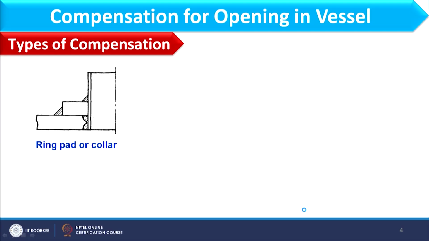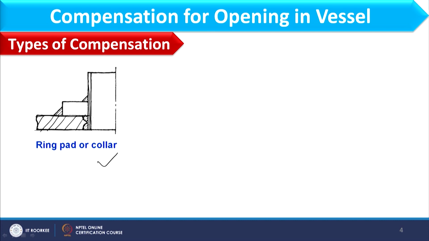Now, further we will discuss types of compensation. So, the first type is ring pad or collar. If you consider this image, this is basically the shell part in which I have to create the opening, and in this shell part this nozzle is inserted. Okay.